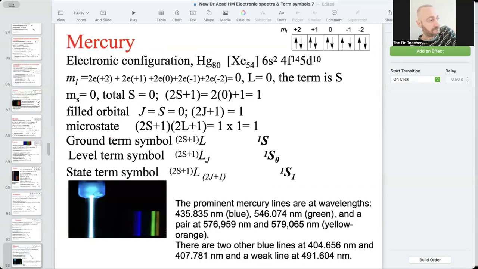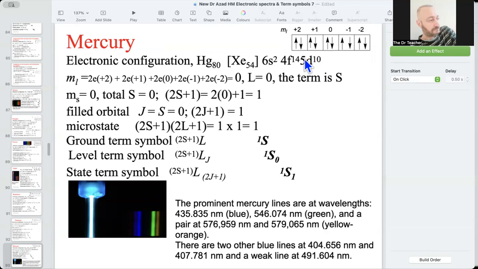Mercury is a filled orbital. The final orbital of mercury will be 5d10. So now J will be equal to S because it's a filled orbital, and this will be the last orbital, higher energy.